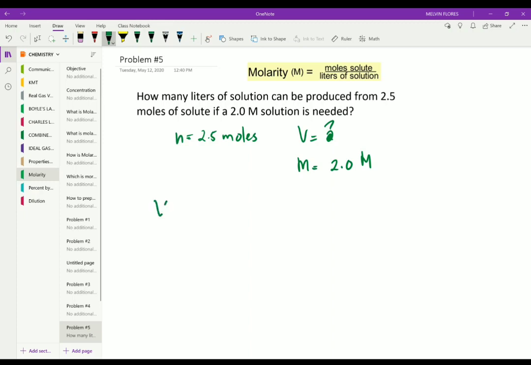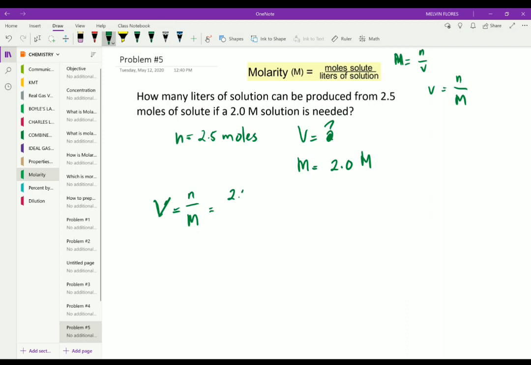We're looking to find the volume. Basing from our equation, M equals N over V, if you're looking for volume, or the liters of solution, that's going to be N over M. So the volume is equal to the number of moles divided by molarity.